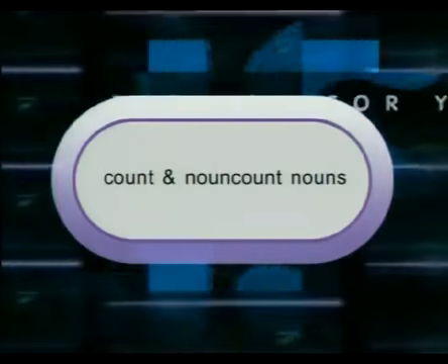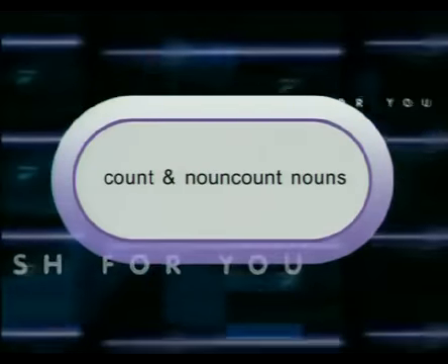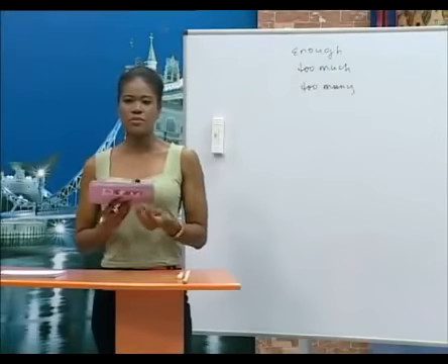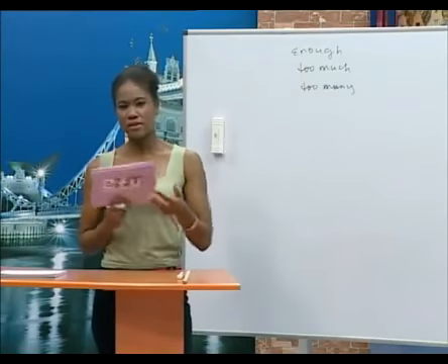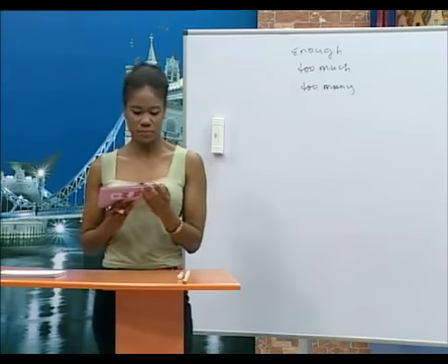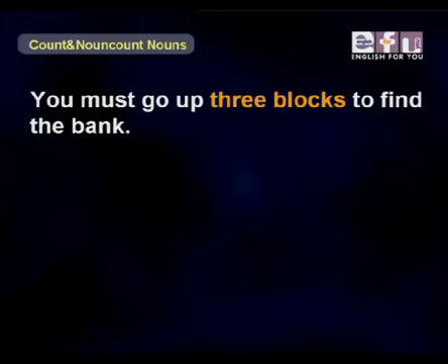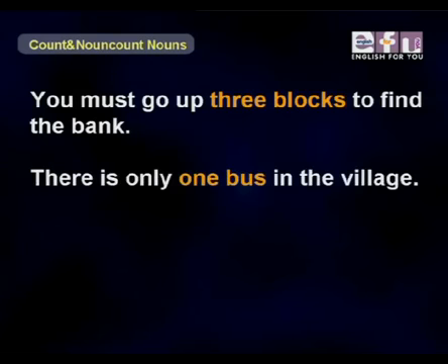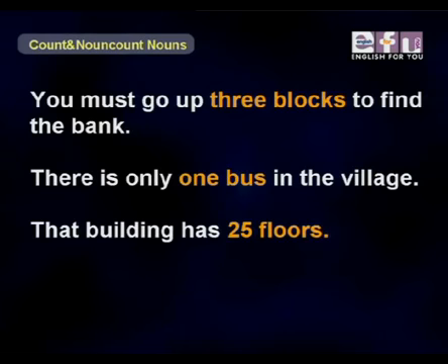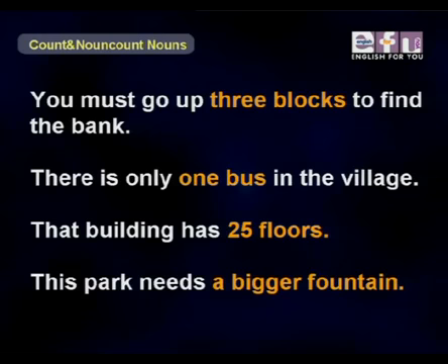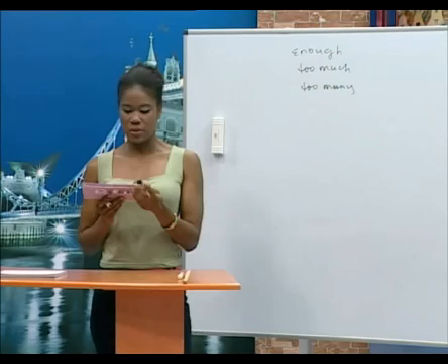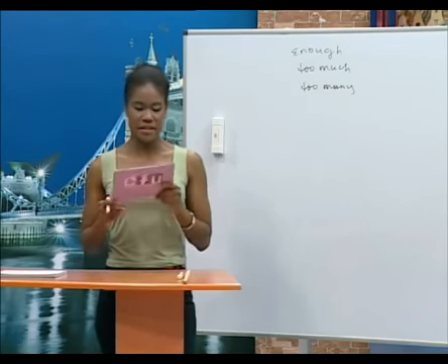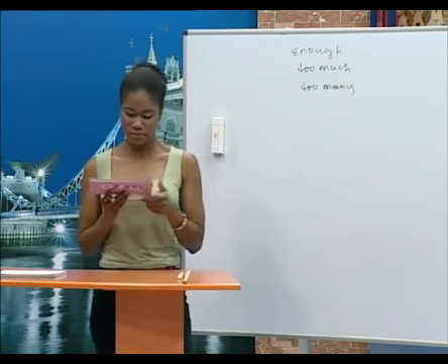Count and non-count nouns. Now let's review count and non-count nouns. Let's look at some examples. You must go up 3 blocks to find the bank. There is only one bus in the village. That building has 25 floors. This park needs a bigger fountain. So a count noun is a noun that can be counted.